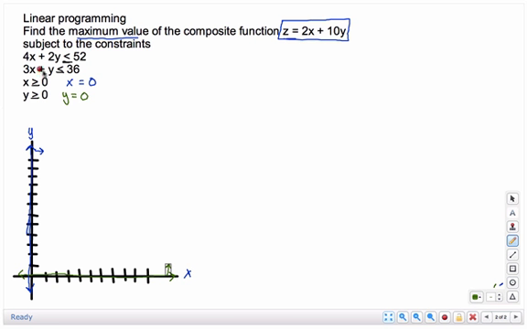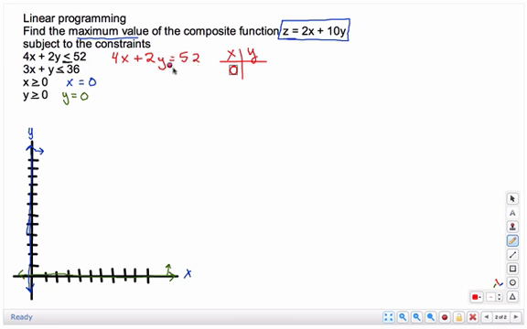Now let's look at the next line, and that's going to be 4x plus 2y equals 52. I like to look at my x and y intercepts. When x is 0, I replace x here with 0, and you get the equation 2y equals 52.